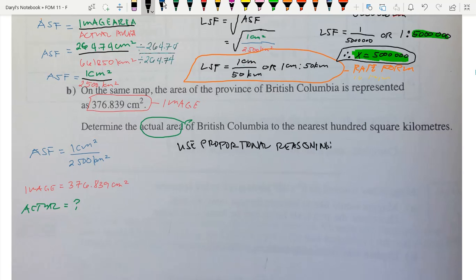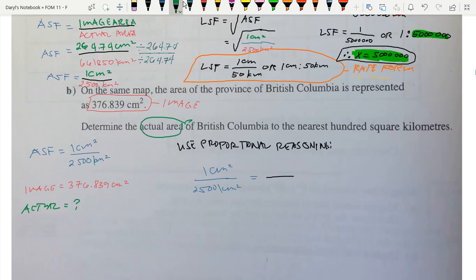That means I'm going to write 1 centimeter squared all over 2,500 kilometers squared. So this is the image and then the actual. In this particular case, we're trying to get the actual.